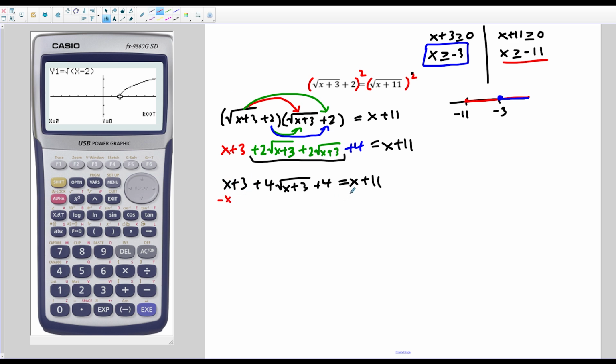Let's go ahead and subtract it from the right-hand side as well. And here we can see that we've got a plus 3 and a plus 4, so we're just going to go minus 7 from both sides. And we have 4 square root x plus 3 is now equal to, we said x minus x is 0, and 11 minus 7 is 4.